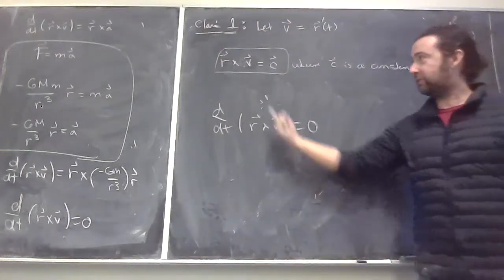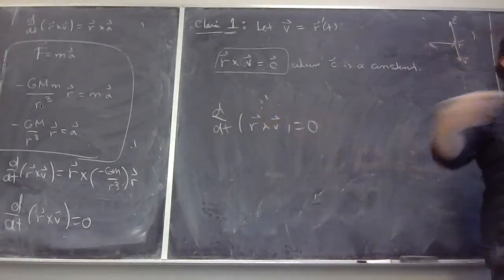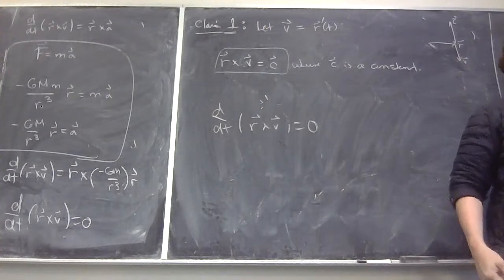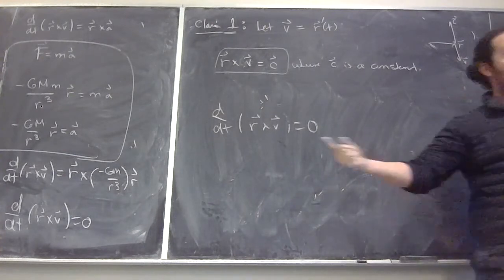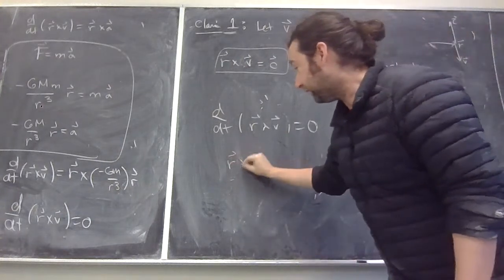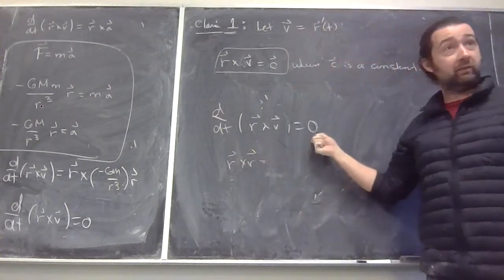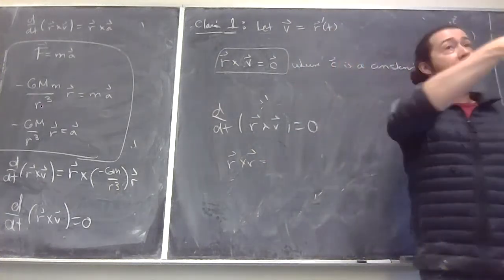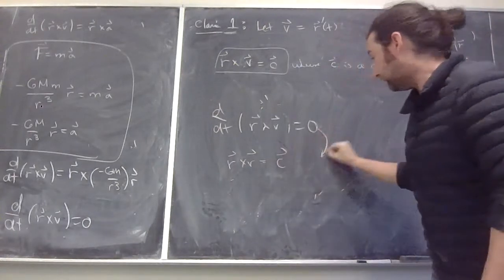Is there any way I can use this to get that? Integrate it. You're allowed to integrate a vector function, right? It's a function of one variable. You just integrate it with a regular old Riemann integral. And if you integrate this, you're going to get that r cross v is equal to not a scalar constant, but a scalar constant in each variable, which is a vector constant. So integrating.